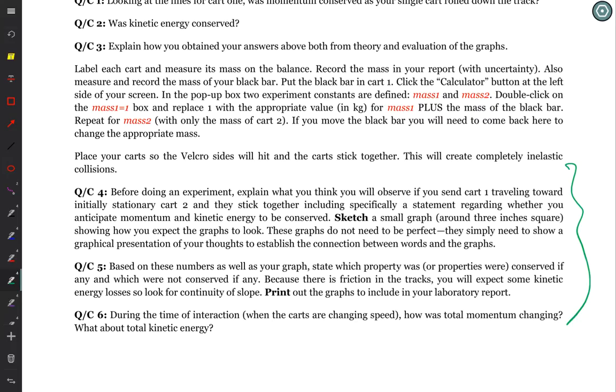When you're doing your collisions, remember when I did them in class? When we did these in class, we had a big selection of data. And I zoomed in, so I was only looking at about 3 data points before the collision and 3 data points after the collision. You need to be careful that you can correctly identify where the collision is.